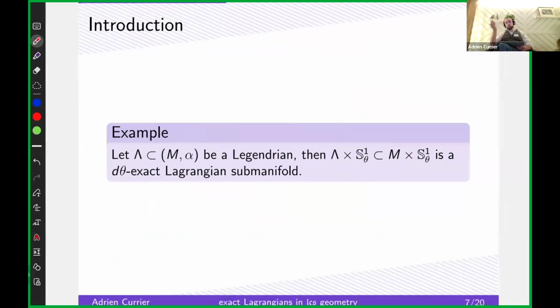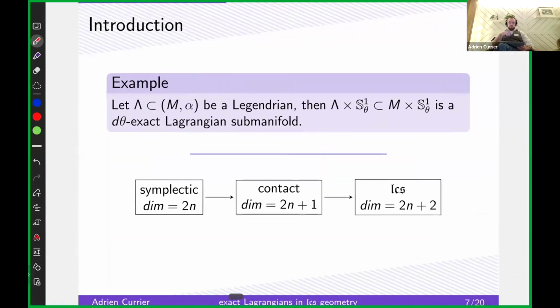You start with a Lagrangian and you just multiply it by S1, and voila, you get an exact Lagrangian manifold. Now, this all should come together to really hint at the fact that LCS geometry is to contact geometry what contact geometry is to symplectic geometry.